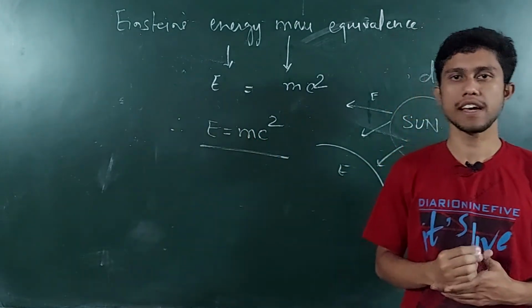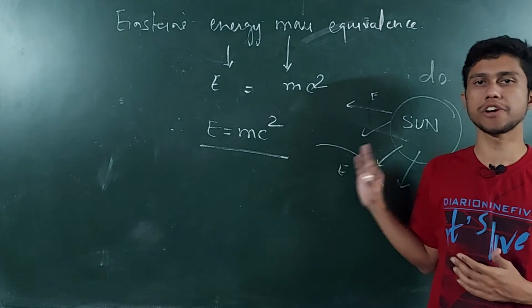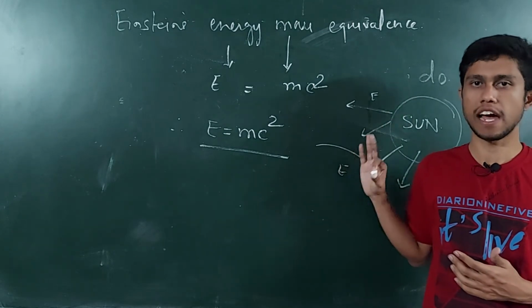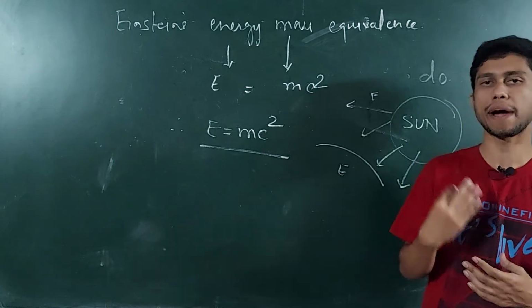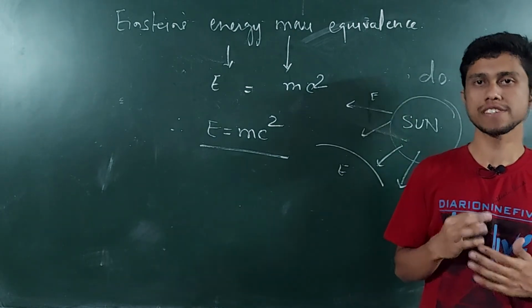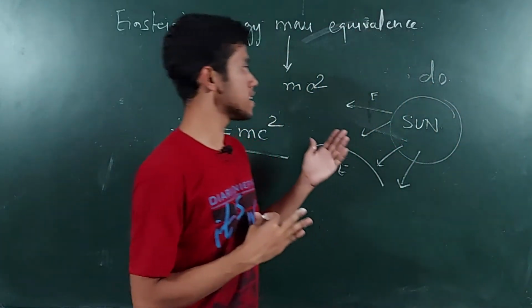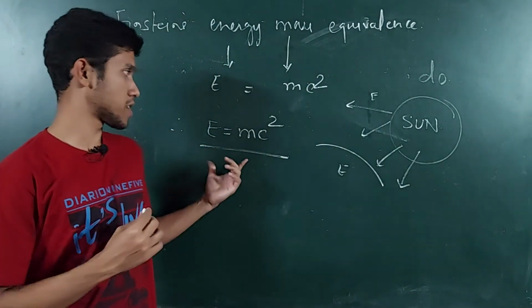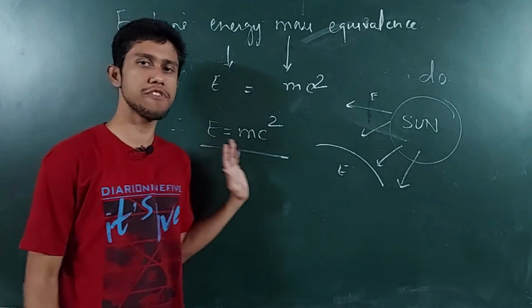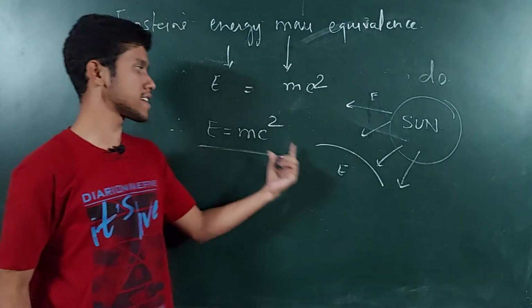So some amount of mass is going to get deposited on the earth, and this is the reason why we say that the mass of earth is increasing day by day. So this is the reason why E is equals to mc square is such a great expression, because it equates energy with mass. And the conversion factor is c square.